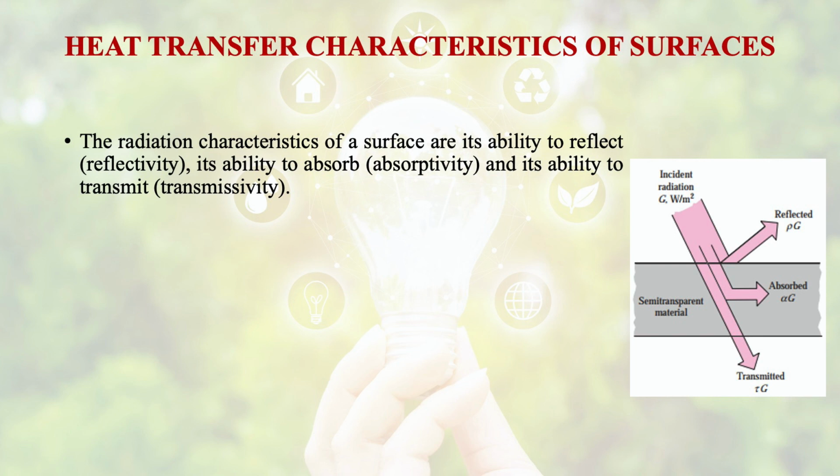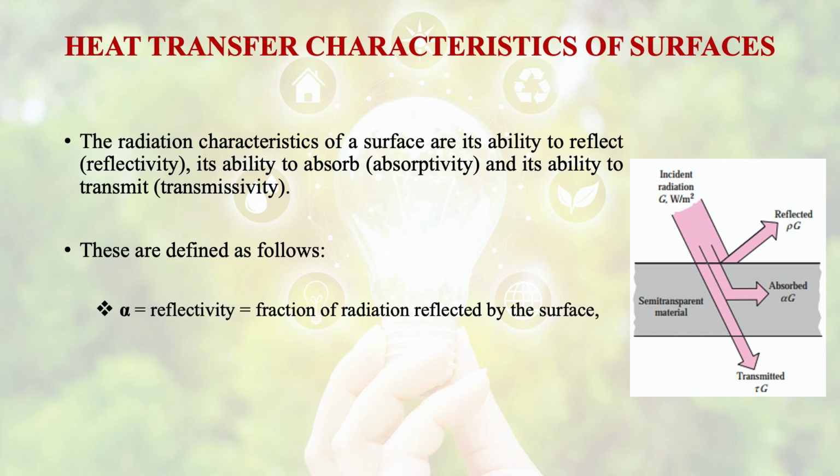So the radiation characteristics of a surface are its ability to reflect, known as reflectivity; its ability to absorb, known as absorptivity; and its ability to transmit, known as transmissivity.